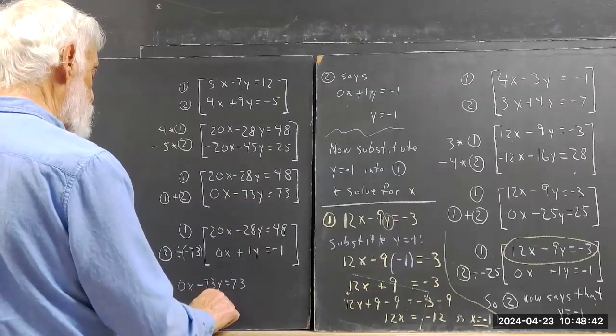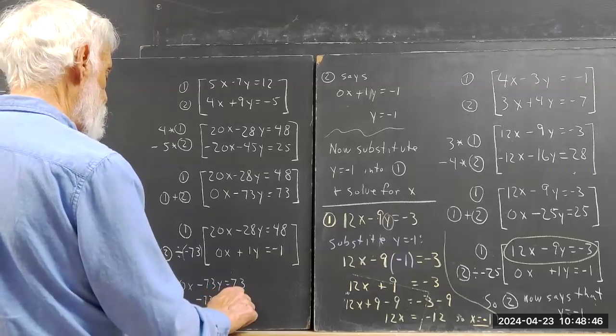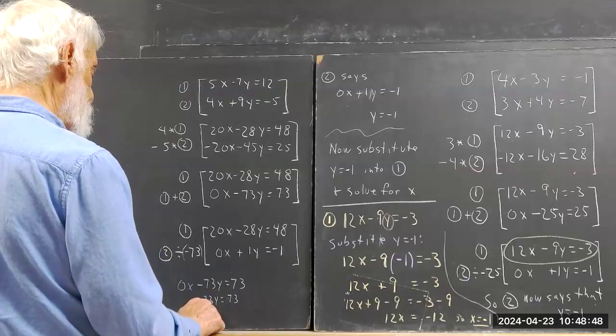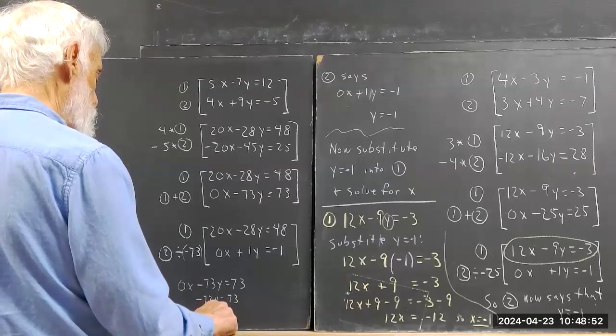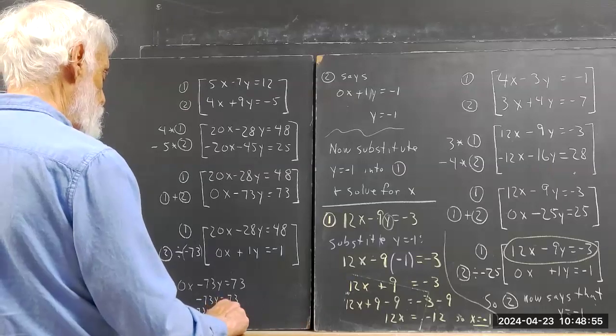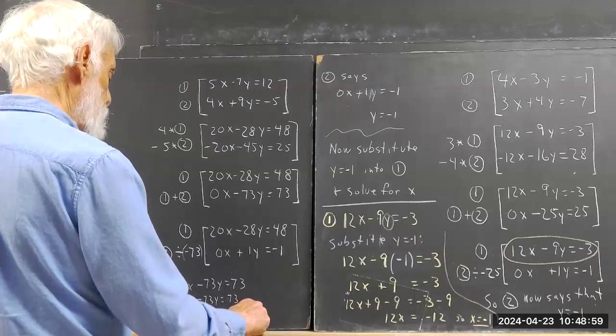We get negative 73y equals 73. And we divide, and we get 73 divided by negative 73.